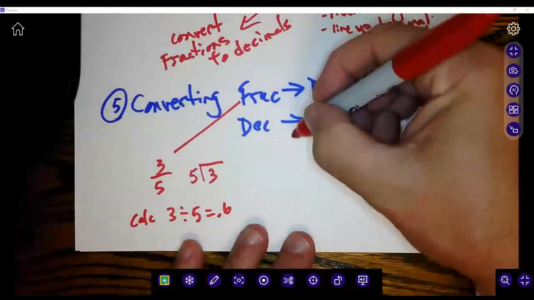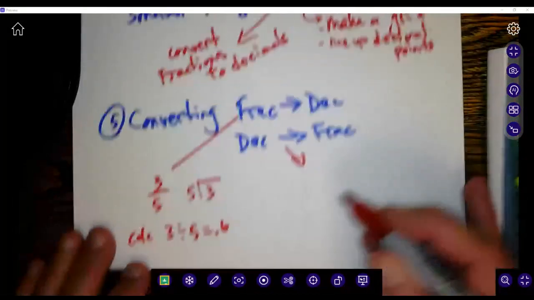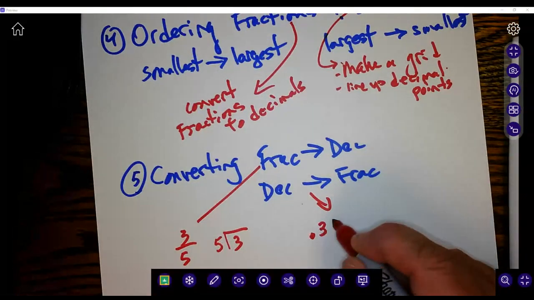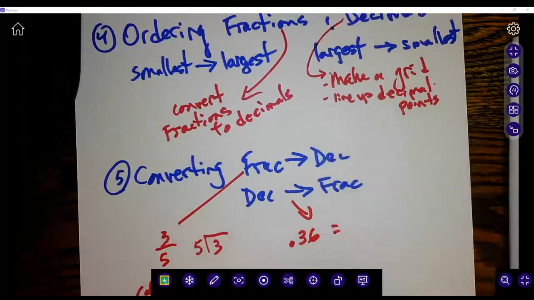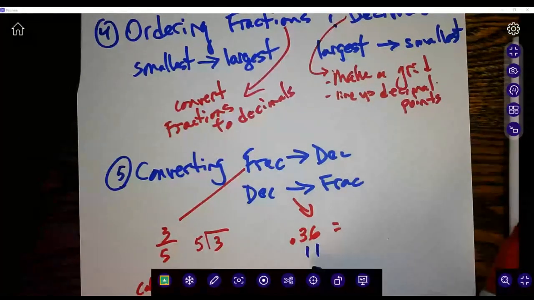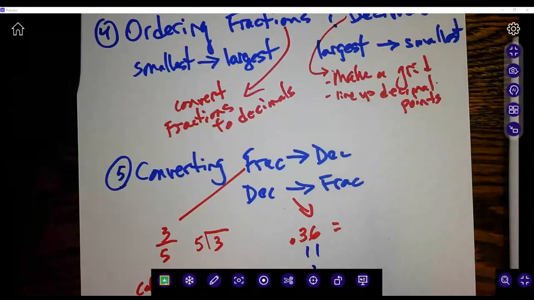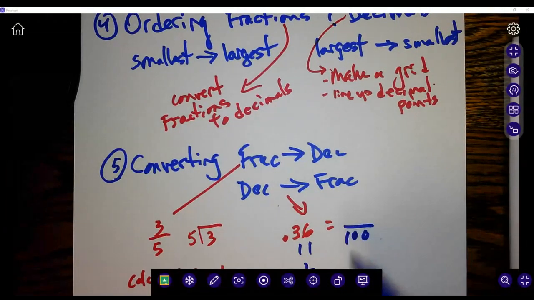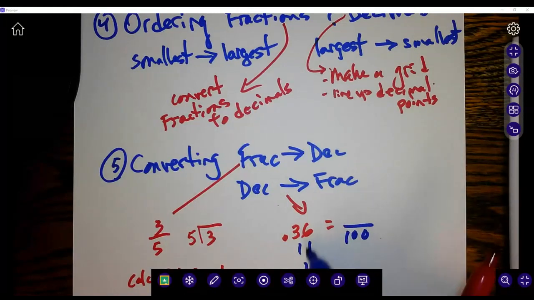All right, and then converting decimals into fractions, if we have 0.36, we look at how many decimal places there are. There are 2. That means that's how many zeros we have to have in front of our 1. So since there are 2 decimal places, we need 2 zeros.